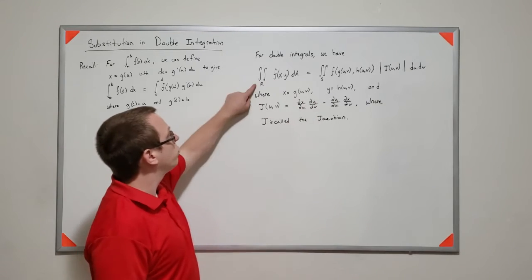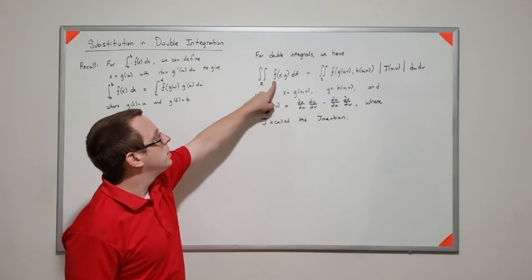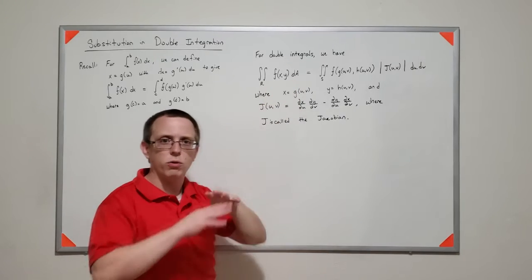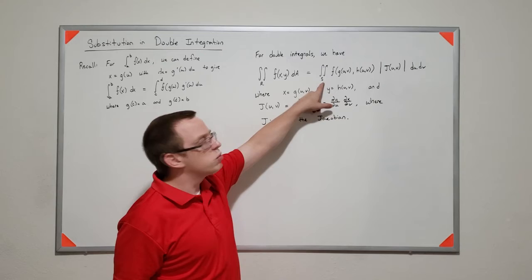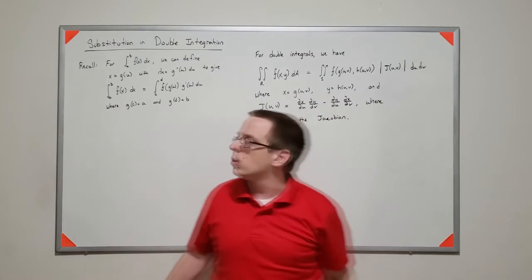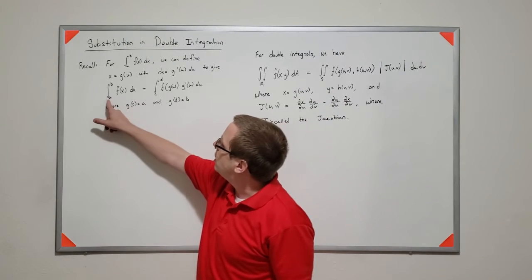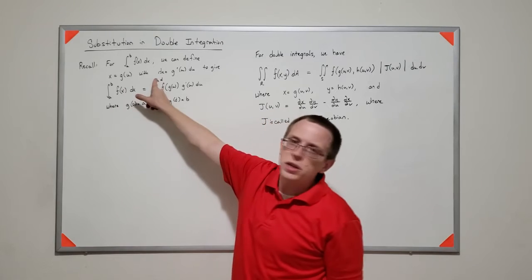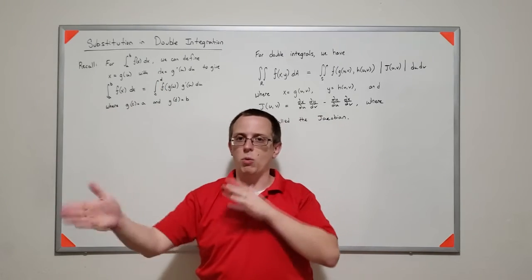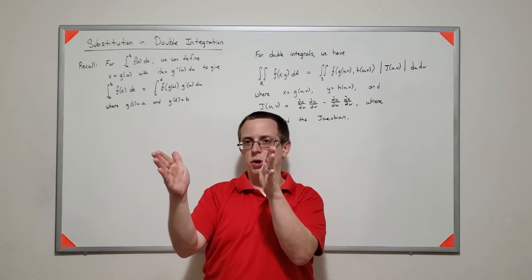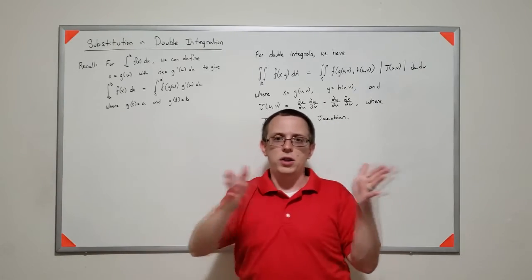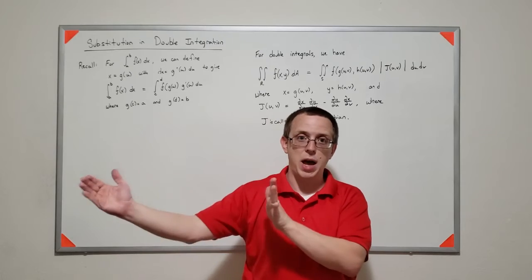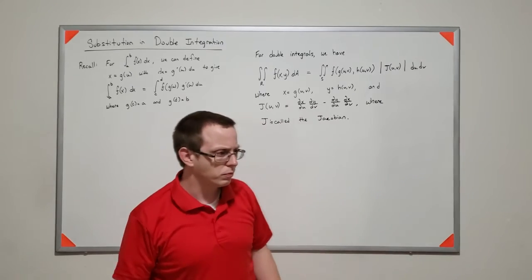So if I have some sort of region R, and there's a function that I'm integrating over that region, I can instead define some sort of alternate region, similar to the way that this went from a to b, but the limits changed. There was some sort of change of the domain for the integral.